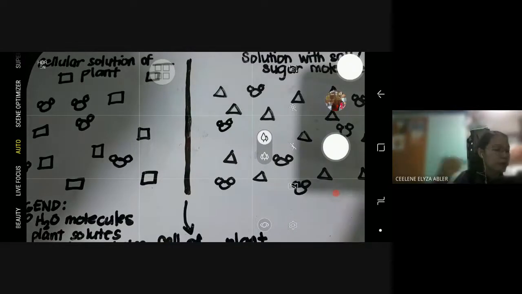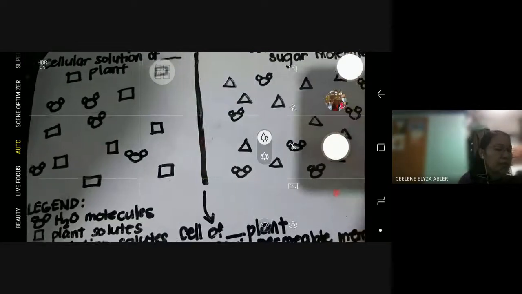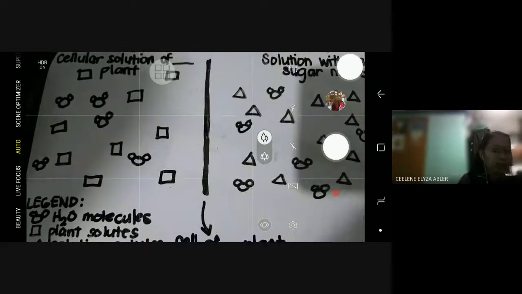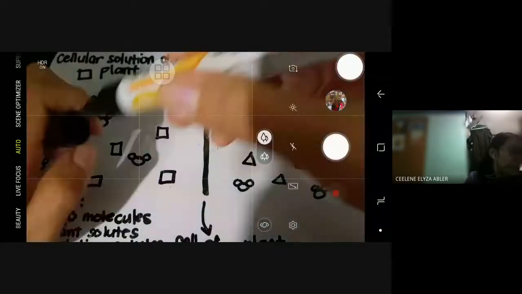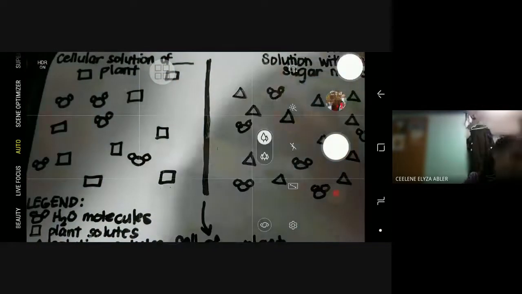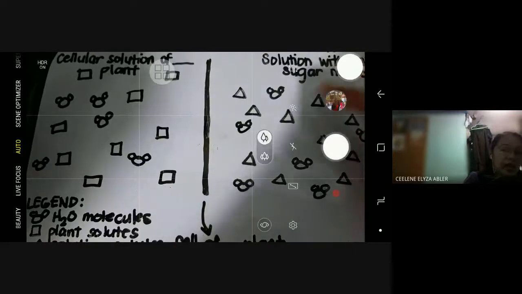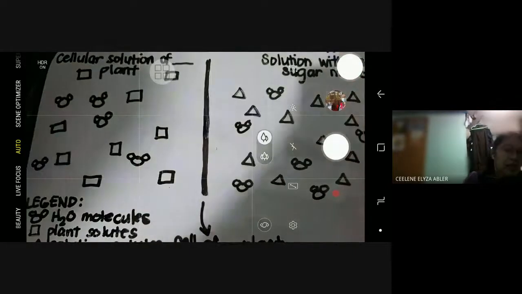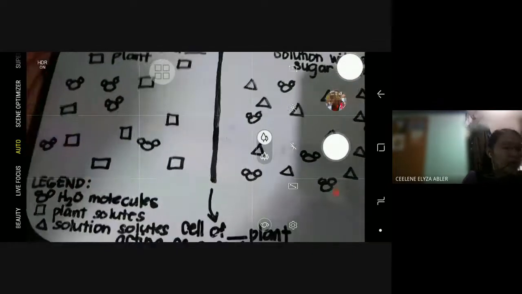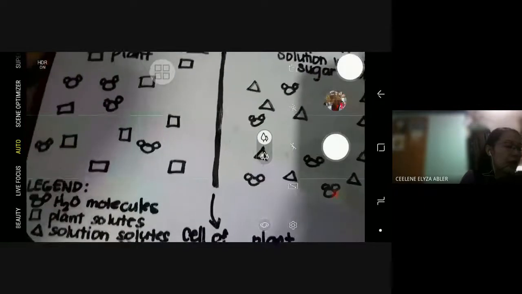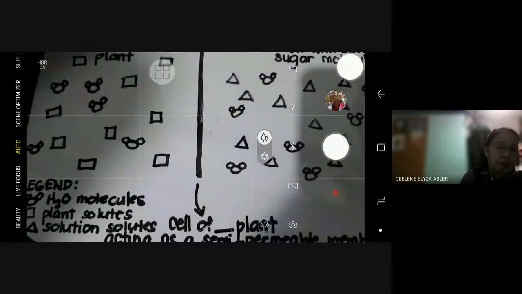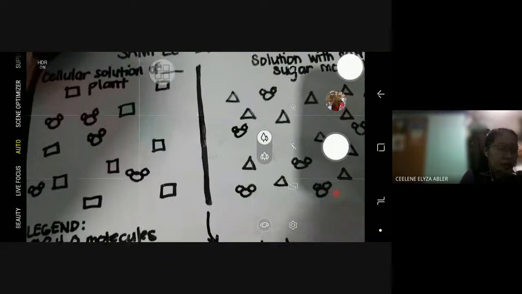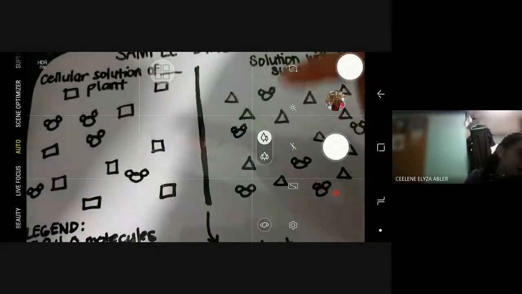Alright. So, let's go to ano yung magiging movement ng substances for this one. So, let's assume that meron kang solution outside of the cell. Nilagay mo si cell in a beaker or a glass of water na merong sugar solution.